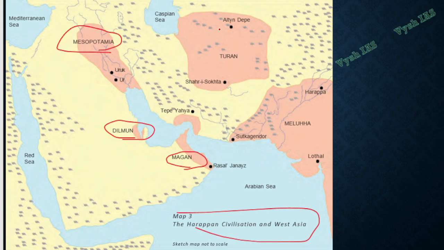Then this area and all is Afghanistan, Pakistan, Central Asia. Meluha is nothing but India's Harappan area, the Harappan civilization. Sutkagen Dor is the westernmost area of Harappa. Lothal, I told you, is a coastal city in Gujarat. So like this, every place which you see here is going to be asked one year or the other.